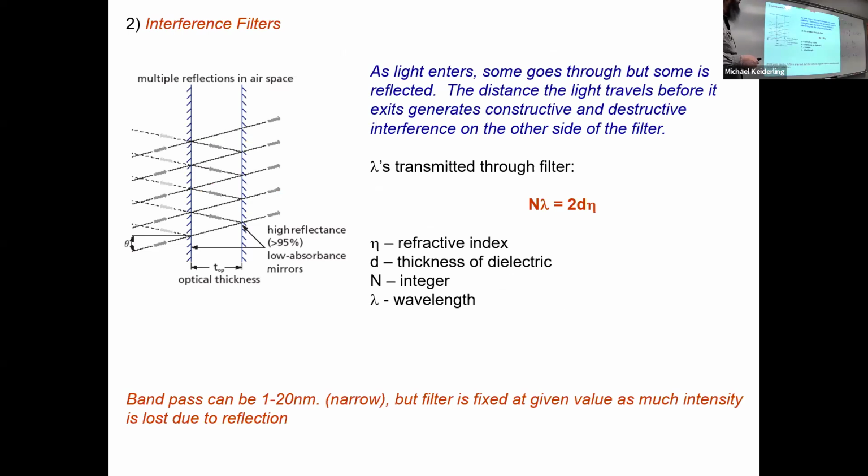The wavelengths transmitted through the filter are some number n times the wavelength is 2 times the thickness of the dielectric times its index of refraction. So it's using interference to select, so it's pretty tight selection.